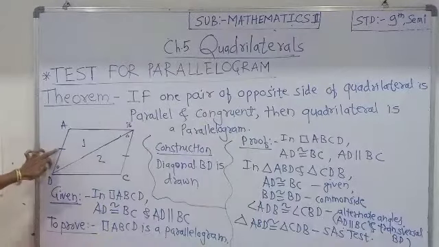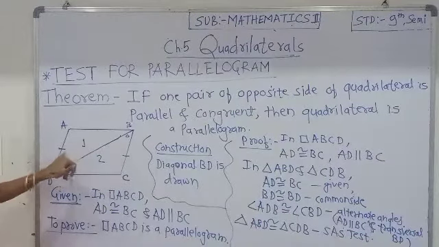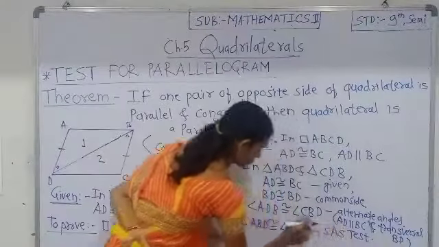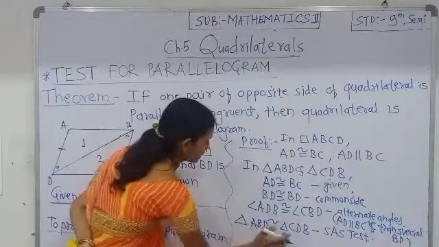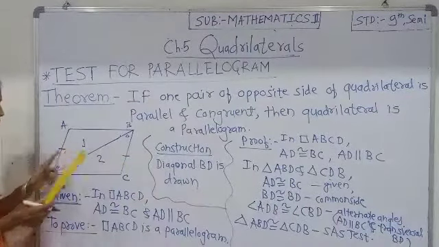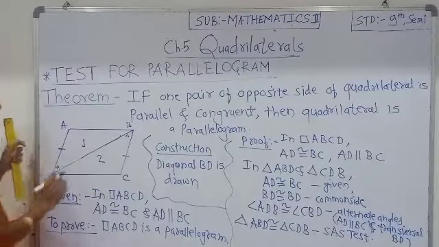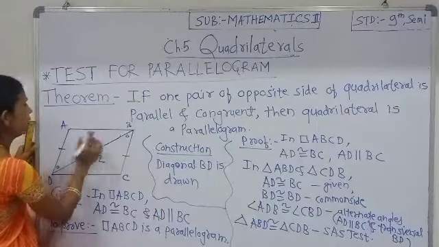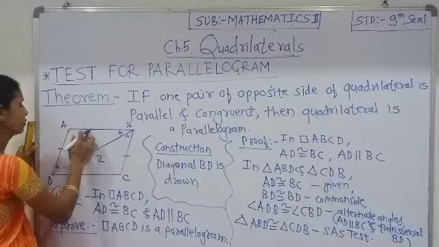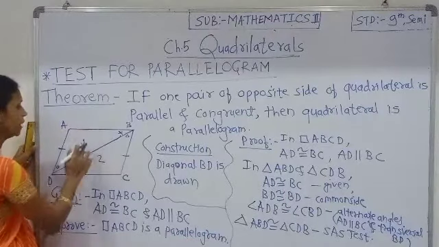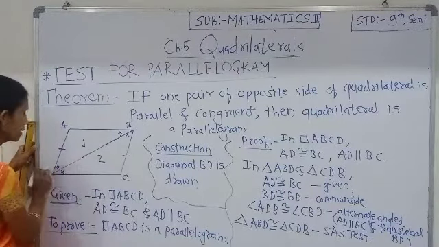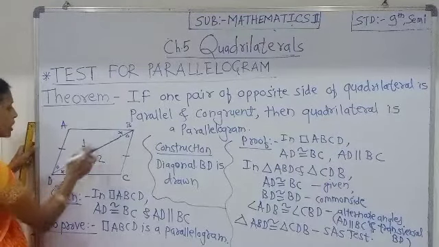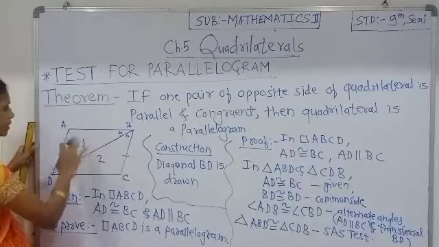That is side angle side, the SAS test, by which those two triangles are congruent. Therefore, this angle of triangle ABD and this angle of triangle CDB are also congruent, because those are corresponding angles of congruent triangles.